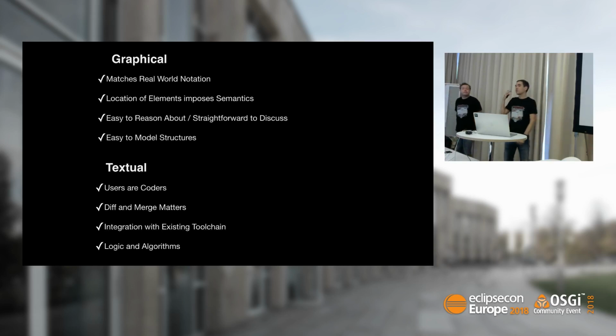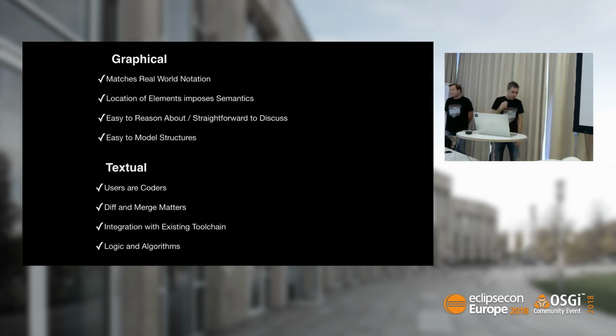So it closely resembles what you know from your otherwise not software related daily work. That is an advantage here. You can define syntaxes where the location of elements may even impose semantics. So when you say I draw this layer above the other one in my fancy UML-like model, then you could also derive constraints from that. So that would be an advantage of graphical notations.